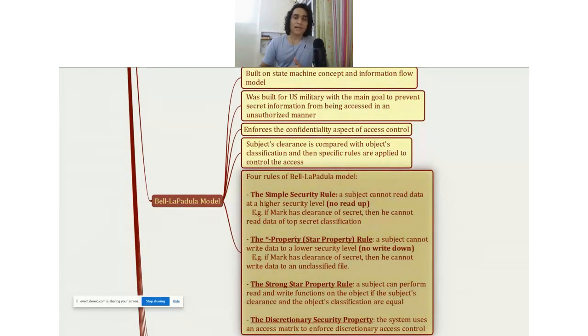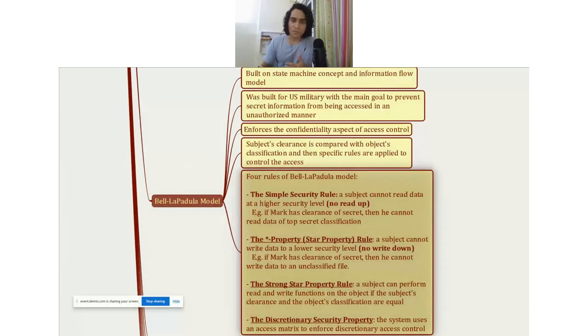Then we have the star property rule, which says a subject cannot write data to a lower security level. You can also remember it as no write down. For example, if Mark has a clearance of secret, then Mark cannot write data to an unclassified file, because the classification of unclassified is below the classification of secret.